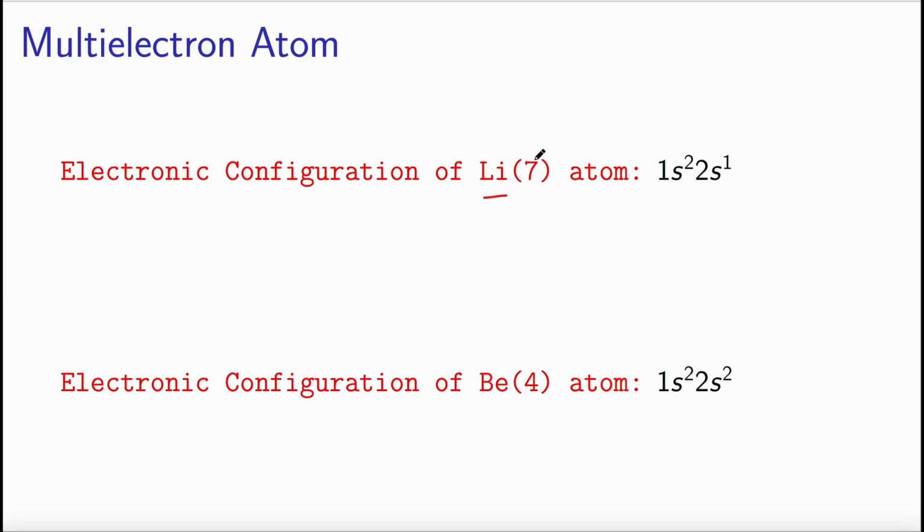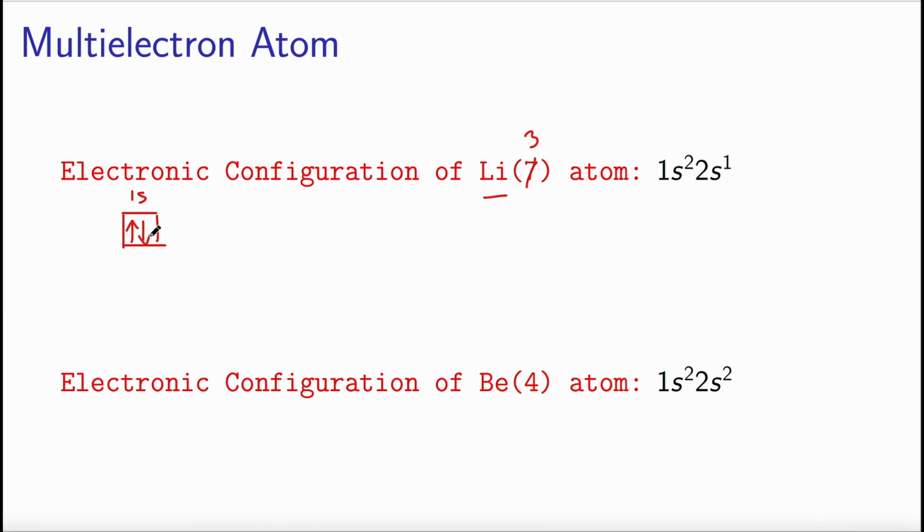Lithium has number of electrons 3. So how will the electrons be arranged? Here it will be 1s2. 1s2 means this is the 1s orbital, and in the 1s orbital we have one up state and one down state.